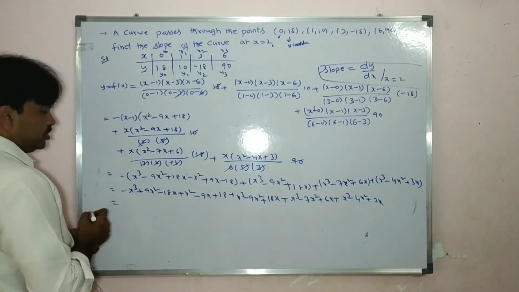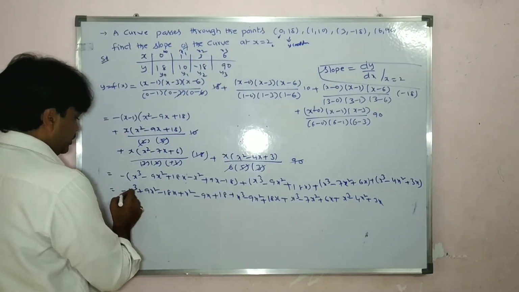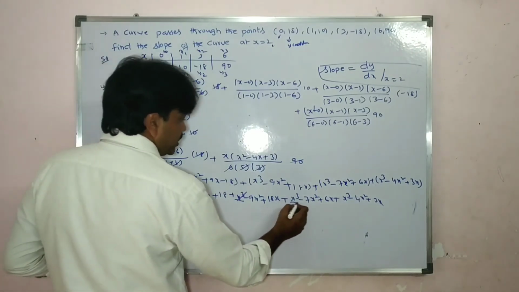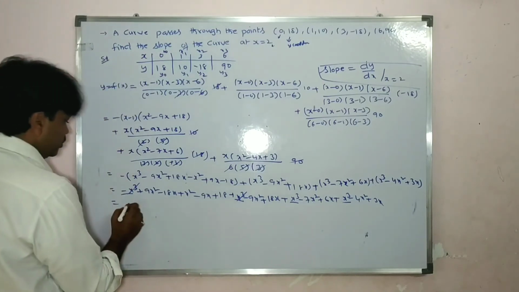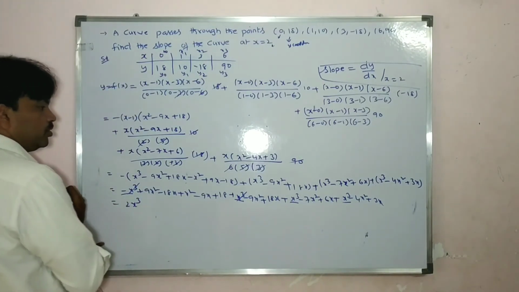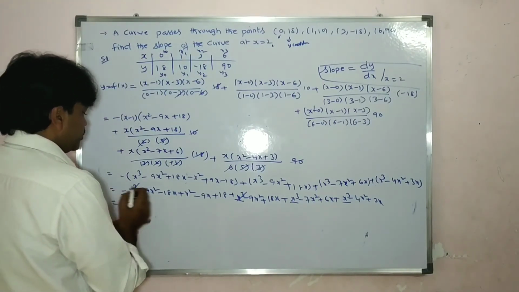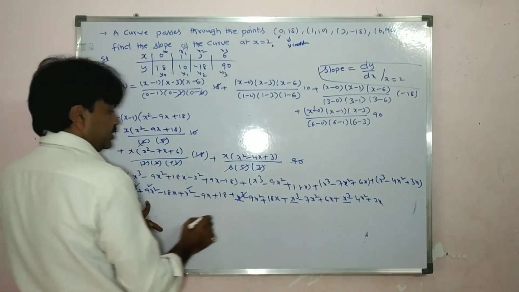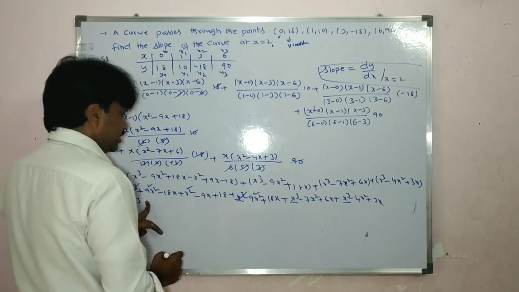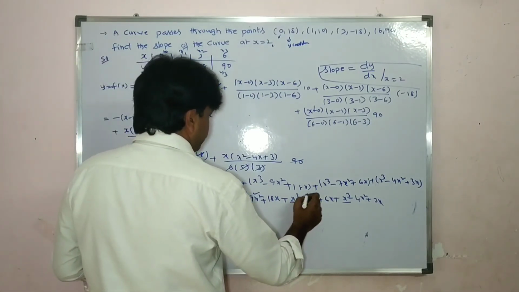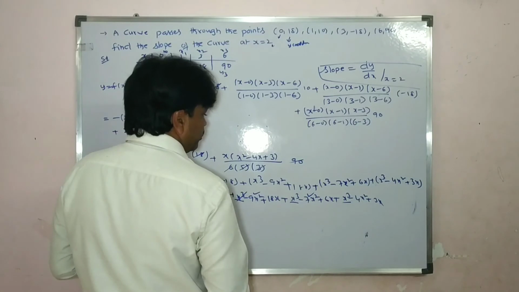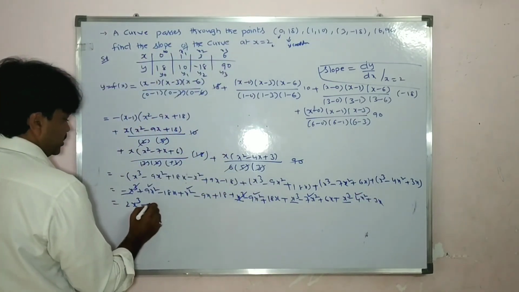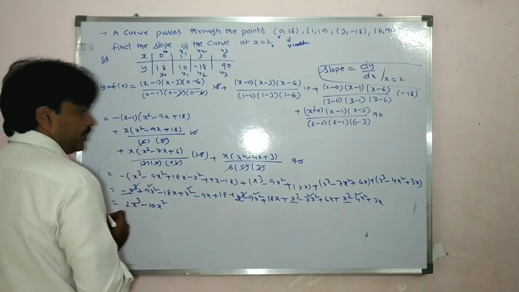That is equal to, see students here, minus x cube plus x cube cancel, plus x cube, we get here 2x cube, and then x square term: 9x square, plus x square, 10x square, 10 minus 9, 1x square, 1 minus 7, minus 6, minus 4, minus 10x square.